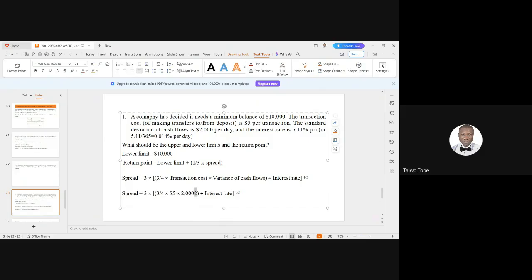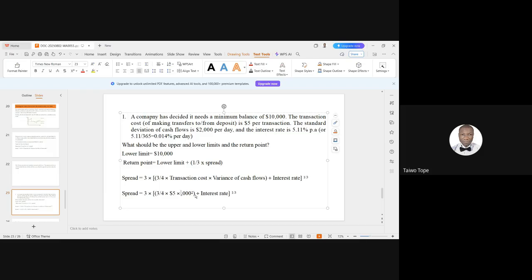When you square it, what will you have? That's 4 million. When you square it, you have 4 million.